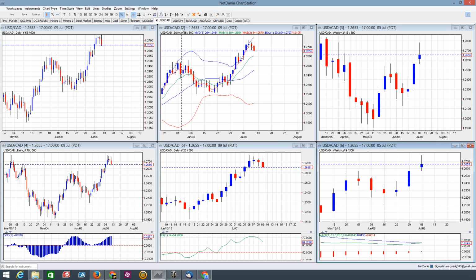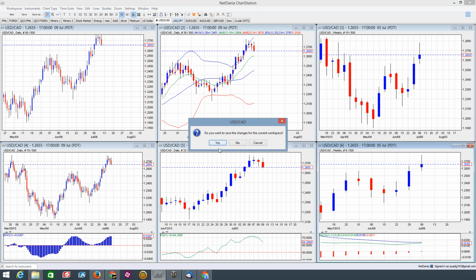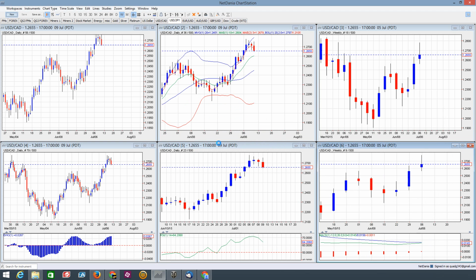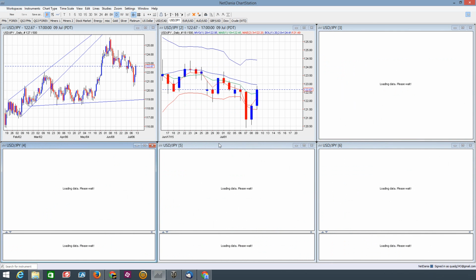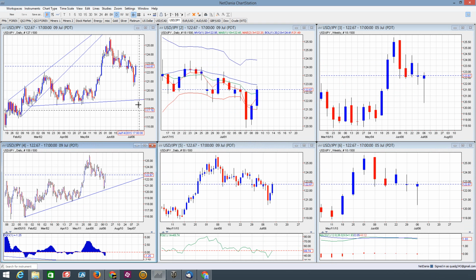All right, let's take a look at USD JPY. Okay, so we had this unexpected spike to the upside. It's still technically underneath this trend line, but it's testing it a fourth time, so there is a chance of a rule of 4 breakout there.